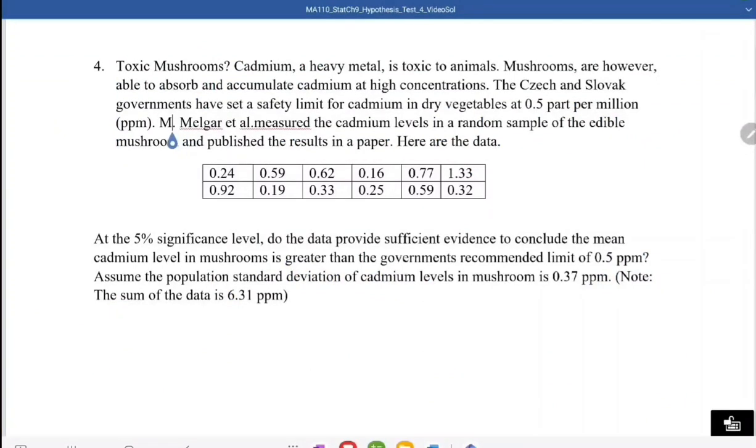Now question number 4 is a word problem, which is an application-based problem, right? So this is a little bit different from the problems that we worked so far, because those were straightforward. They had given us the data we would need to perform the hypothesis test outright up front.